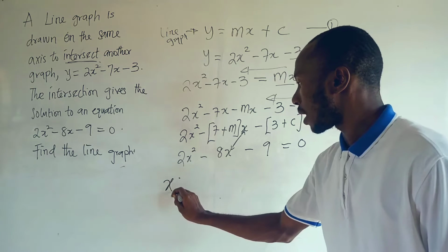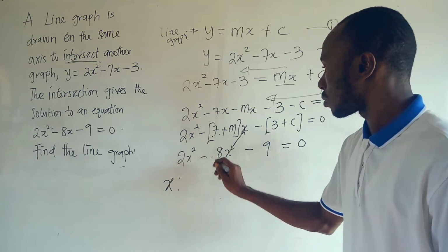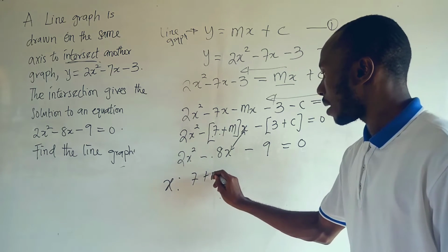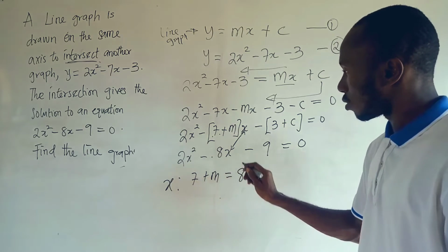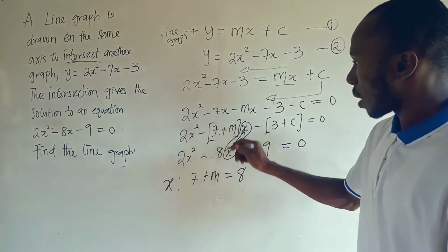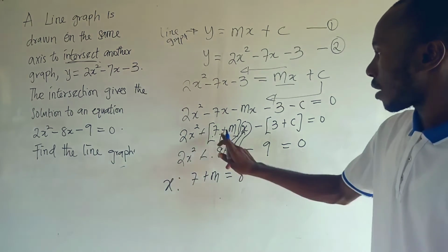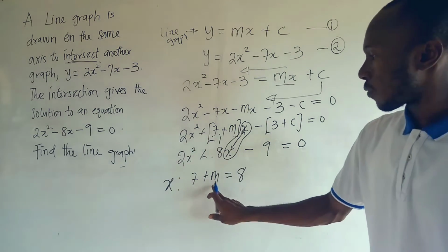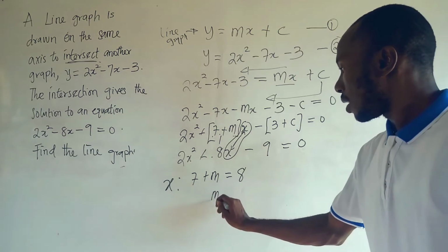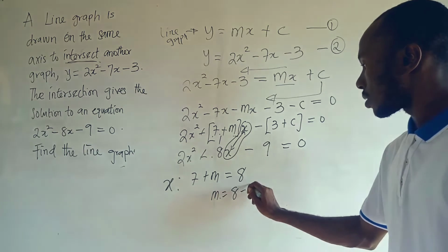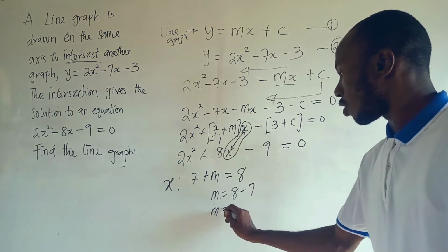For the x term, I'm going to equate the coefficients, the minus take away the minus. So 7 + n = 8. From here, n will be 8 - 7, and n is just 1.